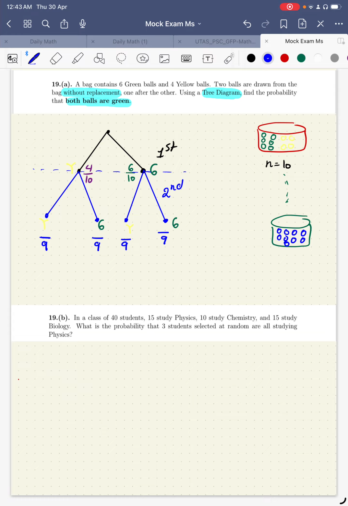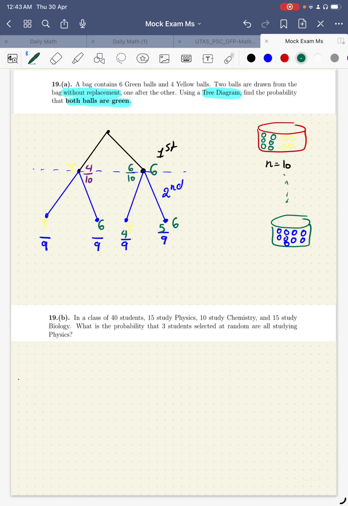So now let's think about it. If I take green إذا شليت خضراء does the number of green balls change? The answer is yes, it will be reduced by 1. إذا شليت خضراء بينقص عدد الأخضر. But if I take green, does the number of yellow will be reduced? No, it will be the same, 4.